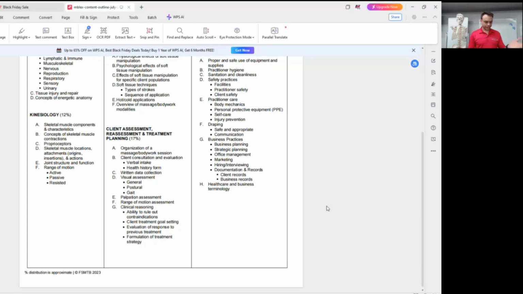Range of motion assessment. Okay, so it's listed there. Cool. So for range of motion assessment, I do try to teach the gist of this concept, which is called goniometry. Goniometry is the science of and the measuring of joints' range of motion.